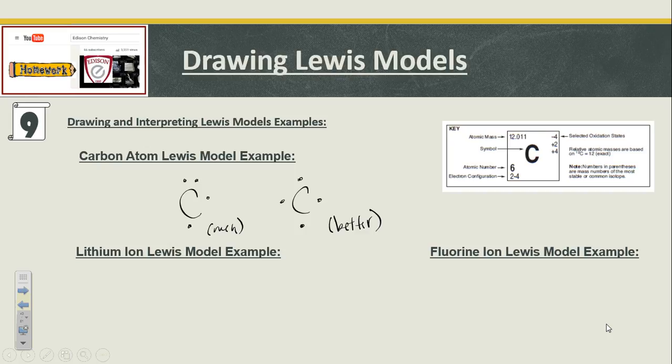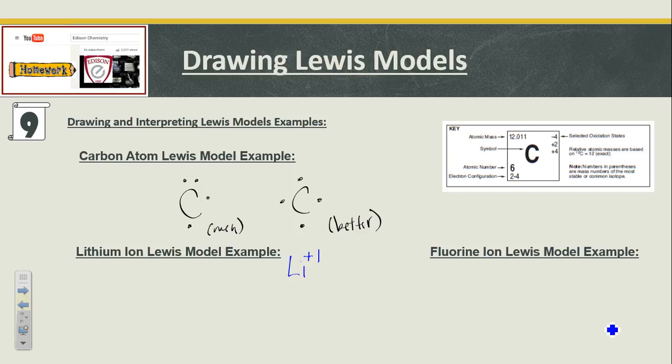Now, a lithium-ion Lewis model example. I did a lithium-ion Bohr model in the previous lecture. We'll do a lithium-ion Lewis model. The lithium ion has a +1 charge, meaning it has lost 1 electron.